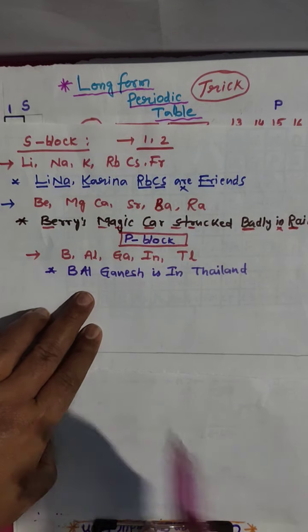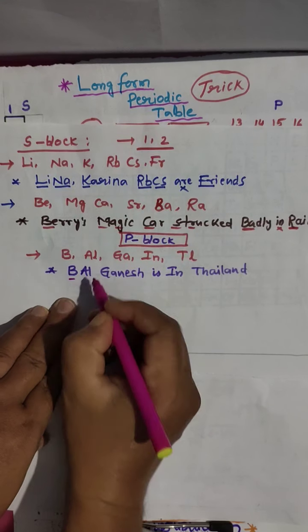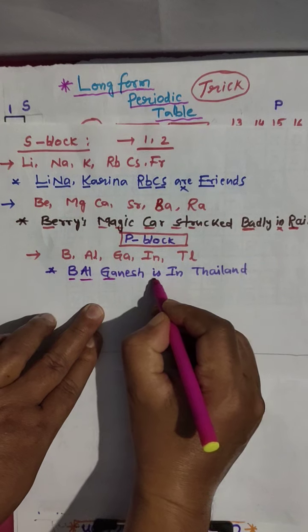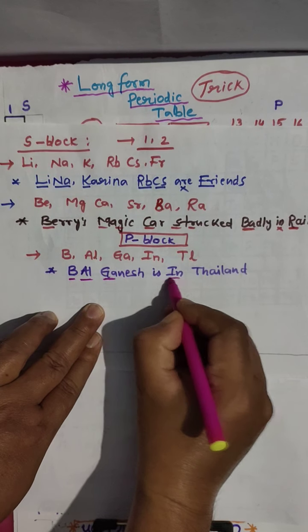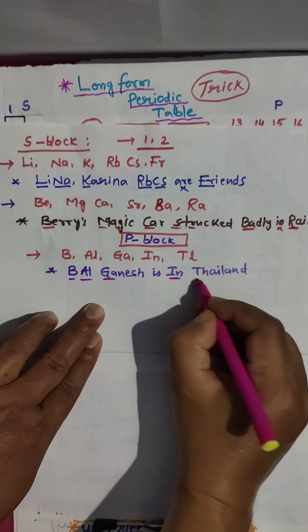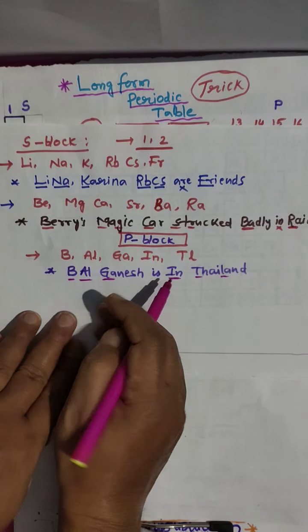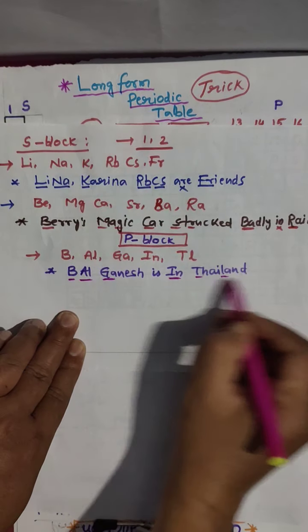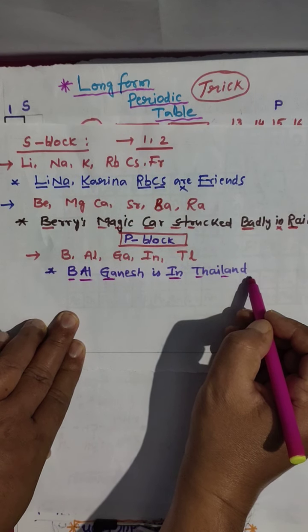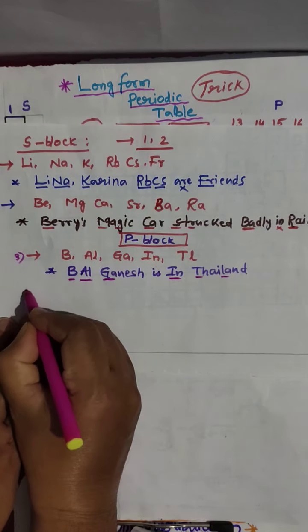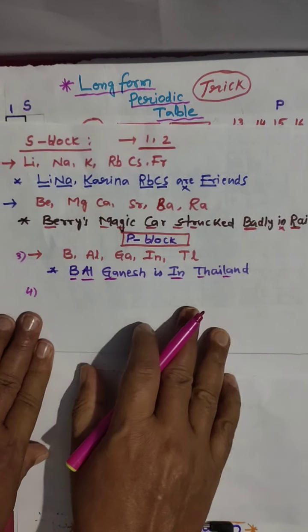Bal Ganesh is in Thailand. See how easy. B means boron, Al means aluminium, Ga gallium, In means indium, and TL is thallium. So Bal Ganesh is in Thailand. This is group 3.